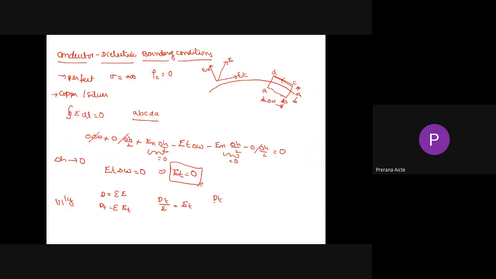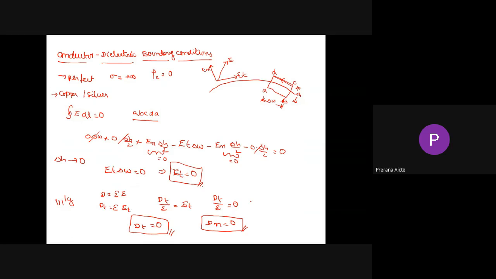Therefore D of t is equal to 0. The tangential component of the electric flux density is equal to 0. Then the normal component D of n is also equal to 0. These are the boundary conditions for the conductor and dielectric mediums.